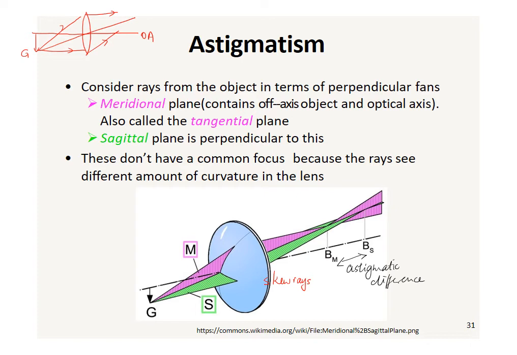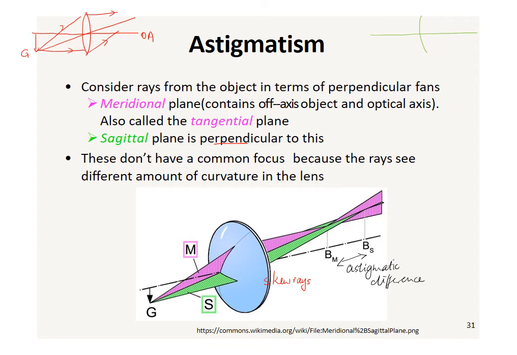So those are the rays that are not in the M plane here. Now the skew rays that are in a plane that is perpendicular to the meridional plane are called sagittal rays. And I can illustrate for you that those sagittal rays actually see something quite different.